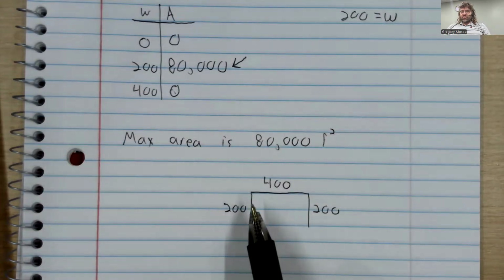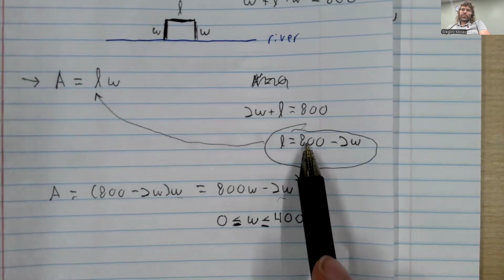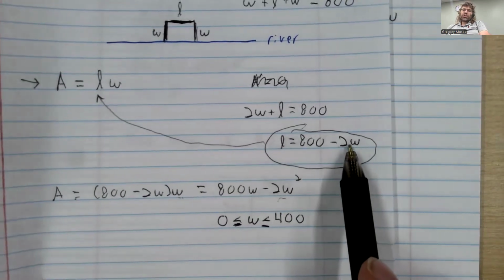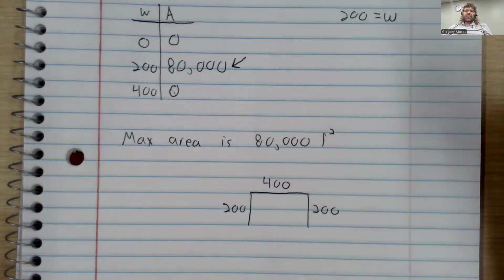So the width is 200. The length we can figure out from this formula, 800 minus 2 times W. The length is 400. And this generates our maximum area.